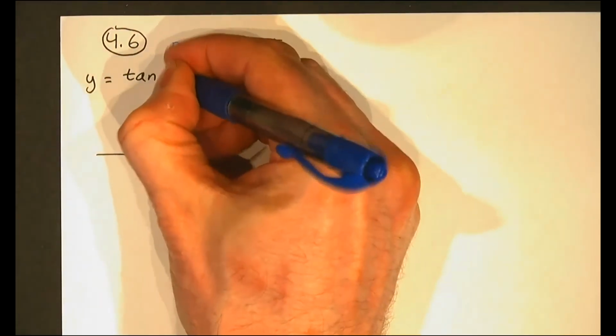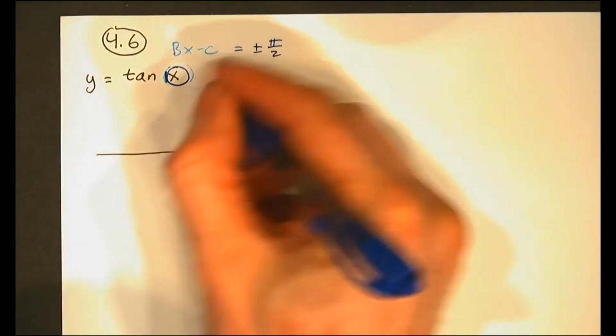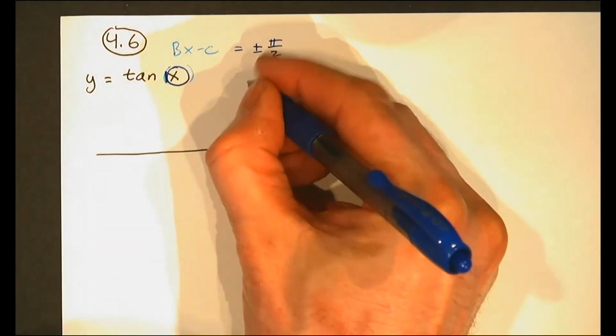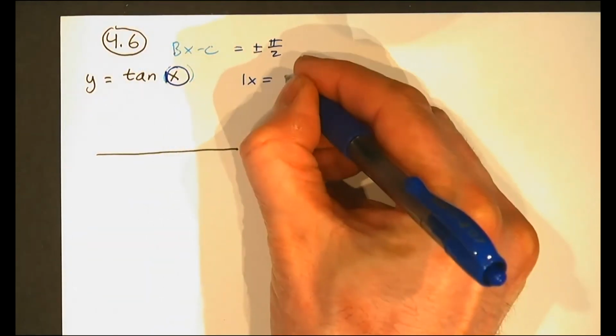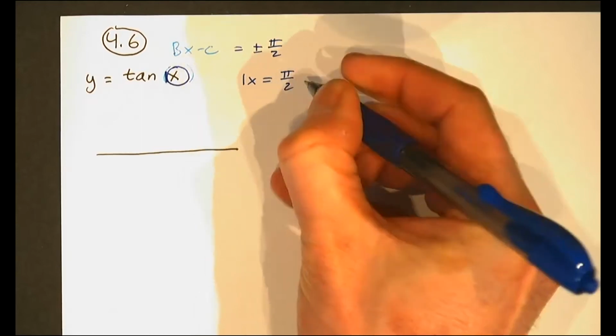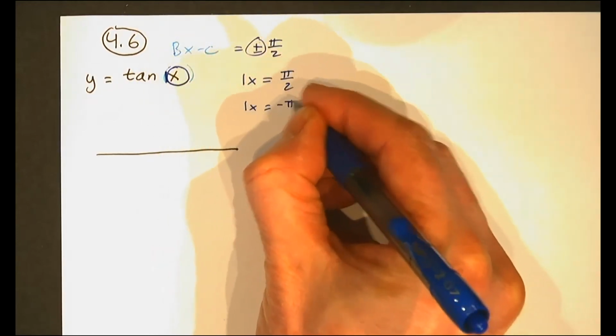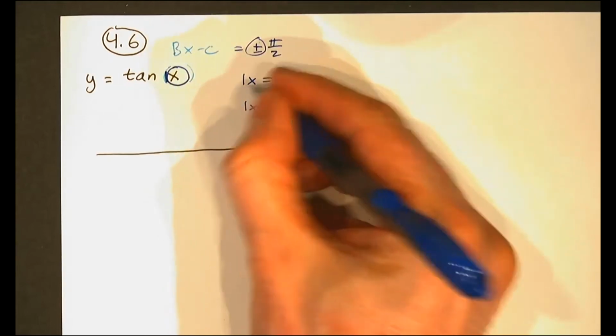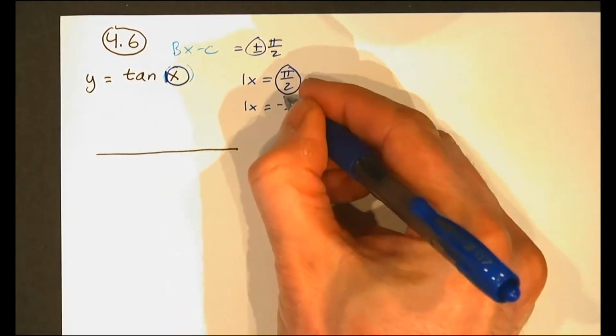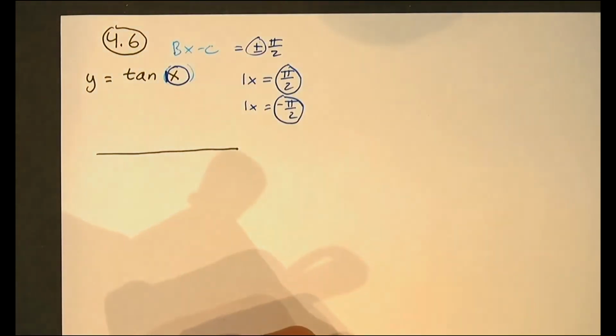This is like 1x. So 1x could be pi over 2, and then you do it again with a negative. 1x is negative pi over 2. Well, that's it. It's already solved. So pi over 2 and negative pi over 2 are my asymptotes.